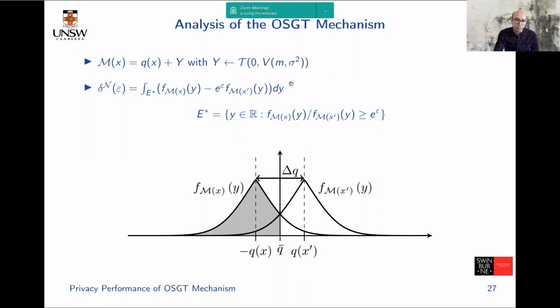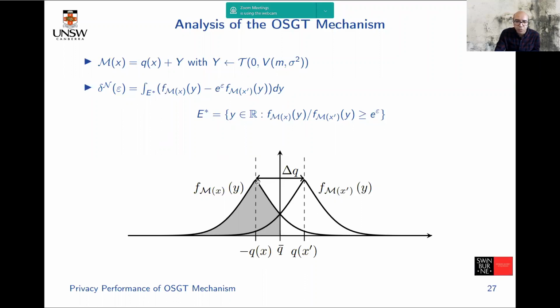As we mentioned, this is equivalent to finding the value of this integration on this worst-case set. Look at a simple example like this distribution, where qx prime is bigger than qx, and delta q is the difference between these two locations.